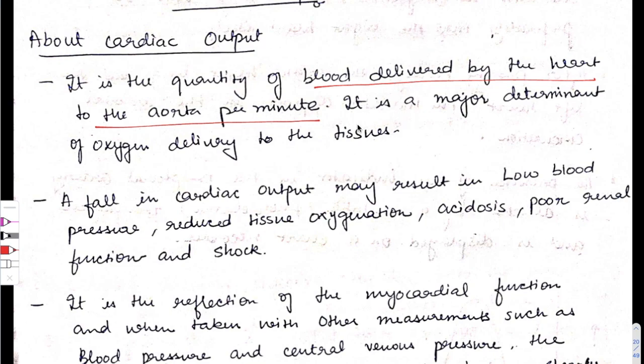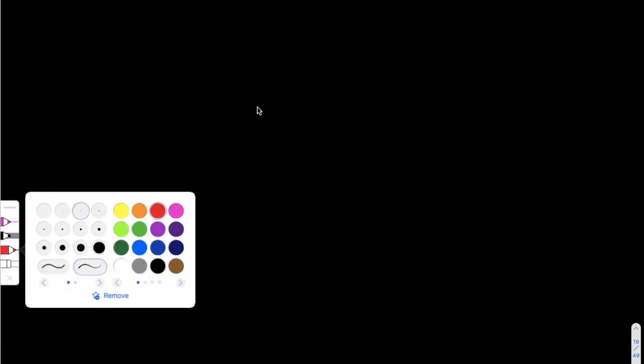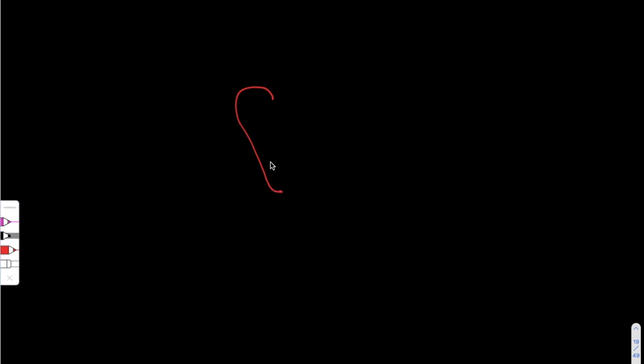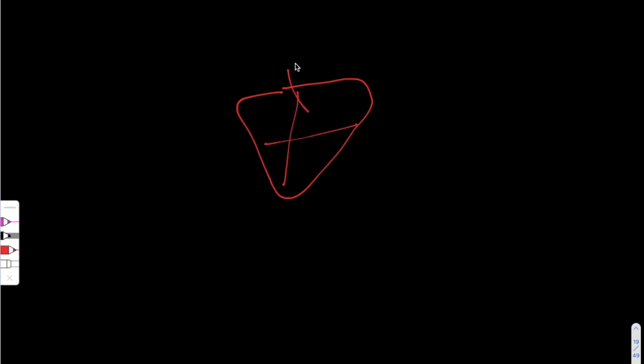We can explain it with the help of a diagram. Here is our heart. Suppose it is a four-chambered heart like this, and here we have the aorta.